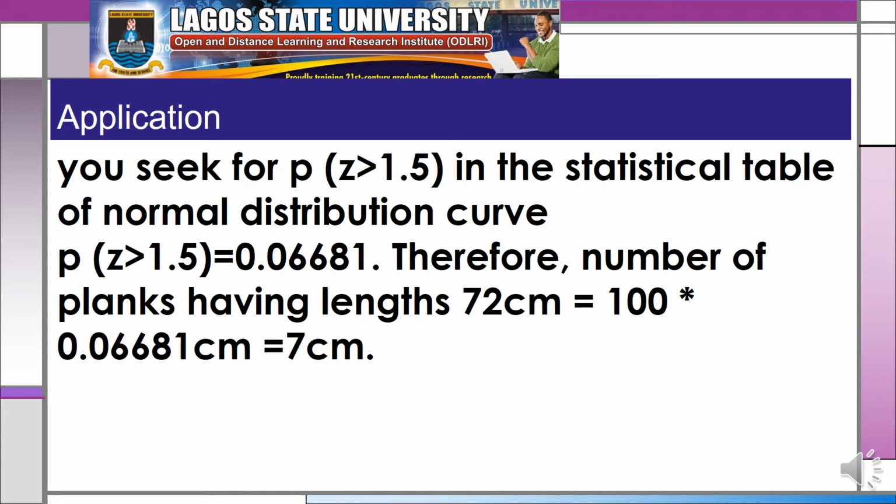You seek p of z greater than 1.5 in the statistical table of normal distribution. This gives you 0.06681. Therefore, the number of planks having length greater than 72 cm is 100 times the probability, which gives approximately 7.